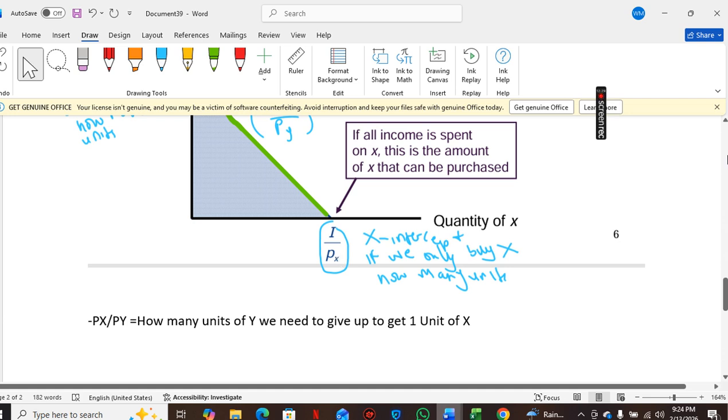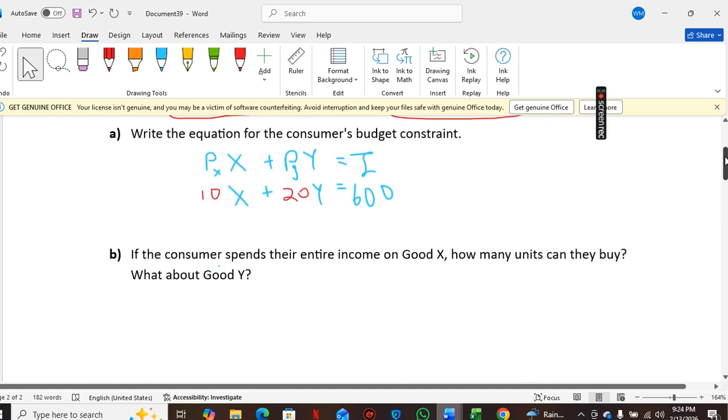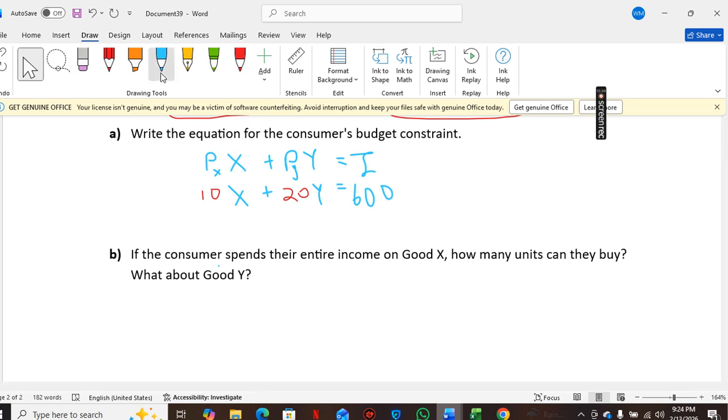It's your income I over the price of good X, meaning only buying good X. So income $600, price of good X $10. 600 divided by 10, 60. So 60 units of X.